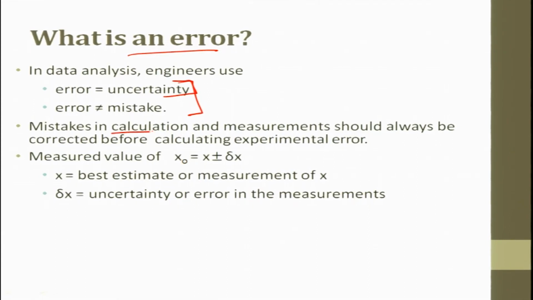Mistakes in calculation or in measurements, as I just said, should always be corrected before calculating the experimental error. So the measured value is equal to the mean value plus error. This mean value is the best estimate of the measurement x, and delta x is the uncertainty or error in the measurements.